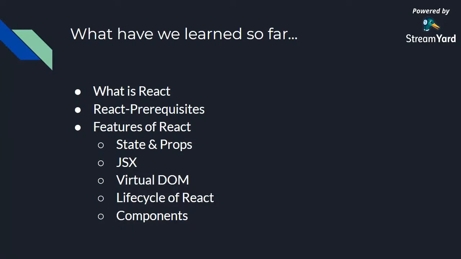Like I said in the last session, components are the building blocks of React. React is nothing but a group of components creating an entire application. There are mainly two types of components, a stateful component and a stateless component. In the last session, I used some different names for that. A stateful component is also known as a class-based component, where we can use classes and interact with other components as well.